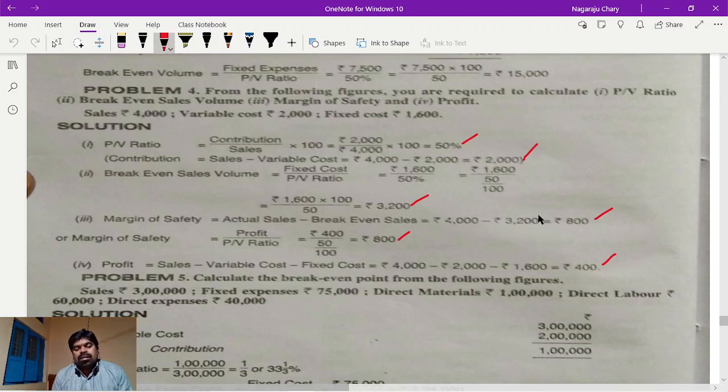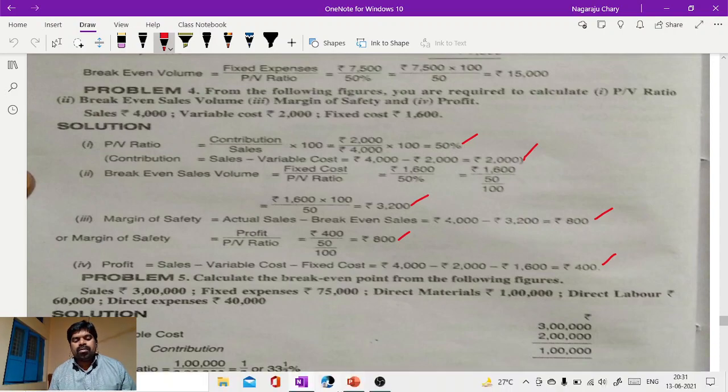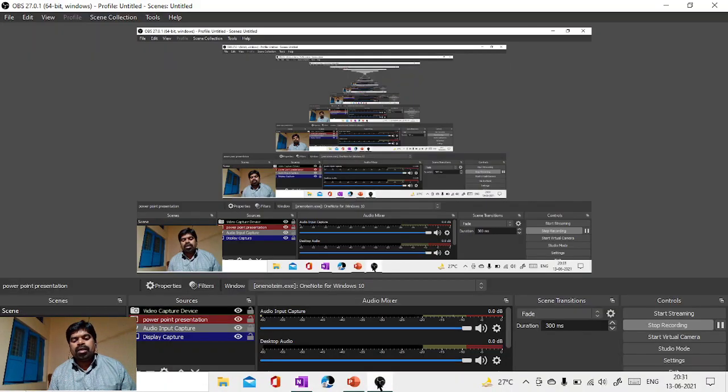Whenever we are doing the application part, we can analyze more and more. That's why, students, I'm guiding you, I'm instructing you: practice more problems, then you get more idea about marginal costing methods, and you will master this topic. Otherwise you won't master it. So please concentrate more on the problems and do the analysis part.